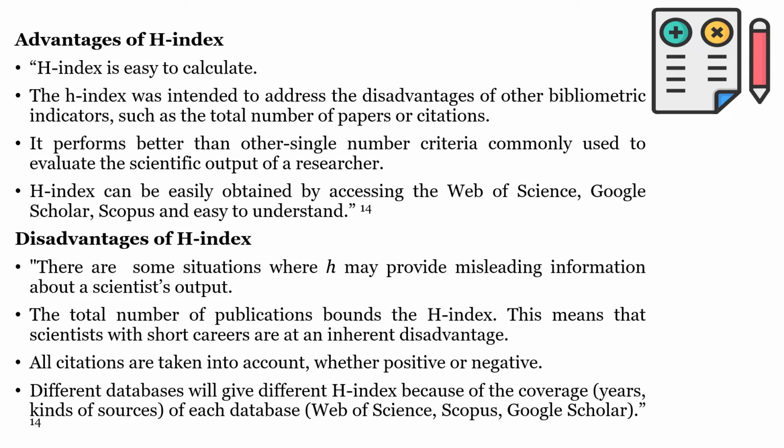All citations are taken into account, whether they are positive or negative in nature. Different databases will give different H indexes because of their coverage, like the area, years, or the kind of sources they index, namely Web of Science, Scopus, and Google Scholar.